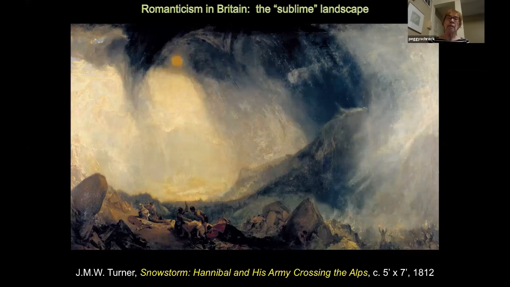The sublime is a term that, at least as these artists understood it, came from the writings of Edmund Burke, who wrote a small, very influential book back in 1757 called A Philosophical Enquiry into the Origin of Our Ideas of the Sublime and Beautiful.